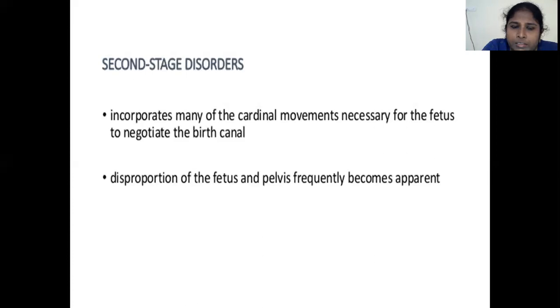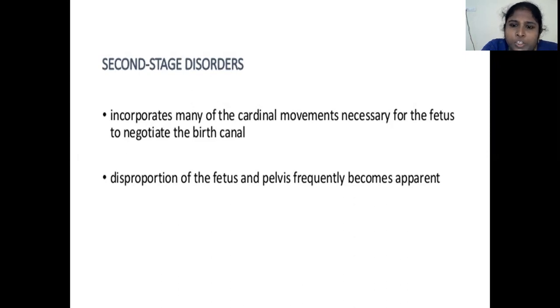Next, coming to second stage. Already I have told you 3 stages. After the first stage, the second stage is from the cervical dilatation completion. That is 10 centimeters dilatation; 3 to 10 centimeters dilatation is active phase. After that, second stage starts. From the onset of full cervical dilatation to the delivery of the baby is the second stage.